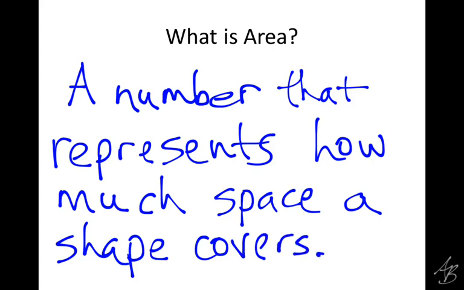Now there's one more little thing I'm going to add to this, because we need to talk about how we get this number and what the number means. The number is actually going to have some units. If we talk about length, there's a big difference between 8 inches and 8 miles, right? So we need units that go along with this, but since it's not a length, since we're talking about how much space it covers, we're going to use squares.